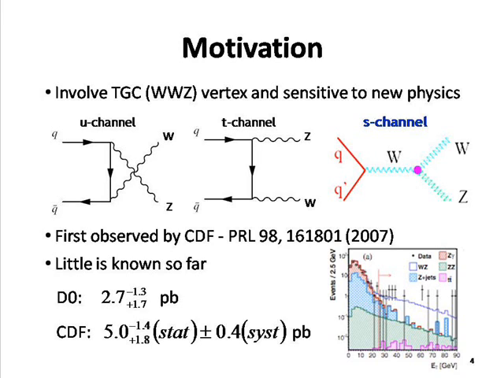If you look at the bottom right plot, the black dotted line with the error bars is the real data of the WZ signal. You see, these suffered very much from statistical error. So that's why we want to do it at the LHC, with much larger collider energies and much more luminosity.